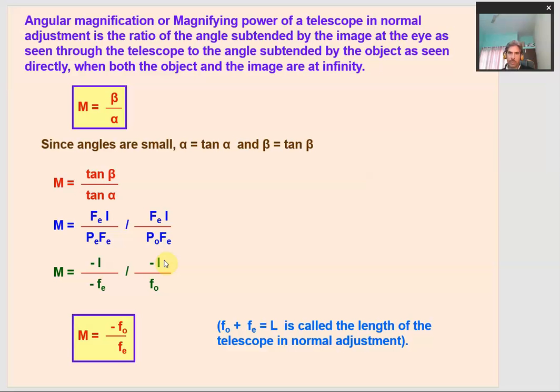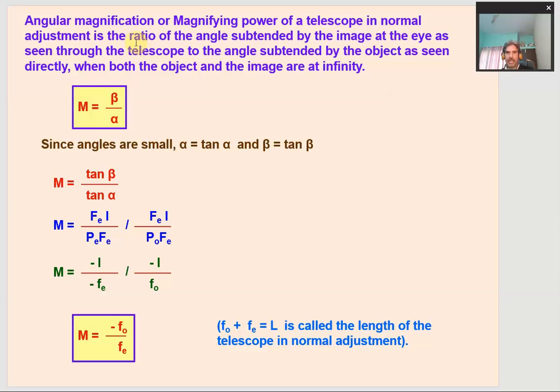Now we proceed to define and find the formula for the angular magnification or magnifying power of the telescope in two different situations. The very first situation we will take is the normal adjustment. Normal adjustment of the telescope is the one in which the final image is formed at infinity, right? So how do we define the angular magnification in that case?